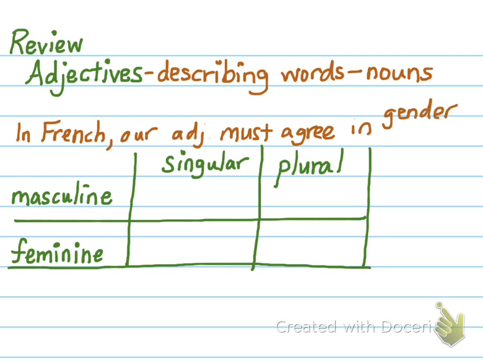And remember, masculine and feminine, this is the gender, right? This way, down here. And number, again, the number is this way, with the noun they describe.